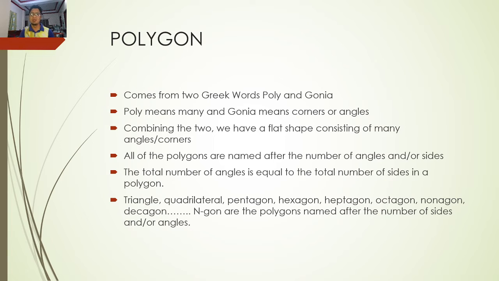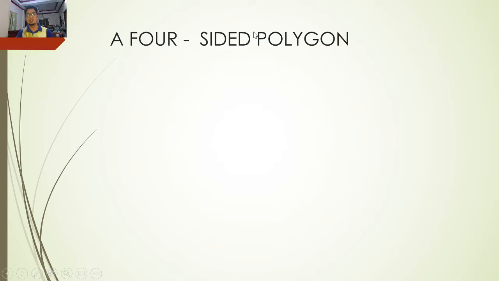Sideward movements. Which means quad means 4, lateral means sides, so quadrilateral means 4 sides. Okay? Now, let's focus on the 4-sided polygon because this is our main topic. As I have mentioned, 4-sided polygon is called quadrilateral.